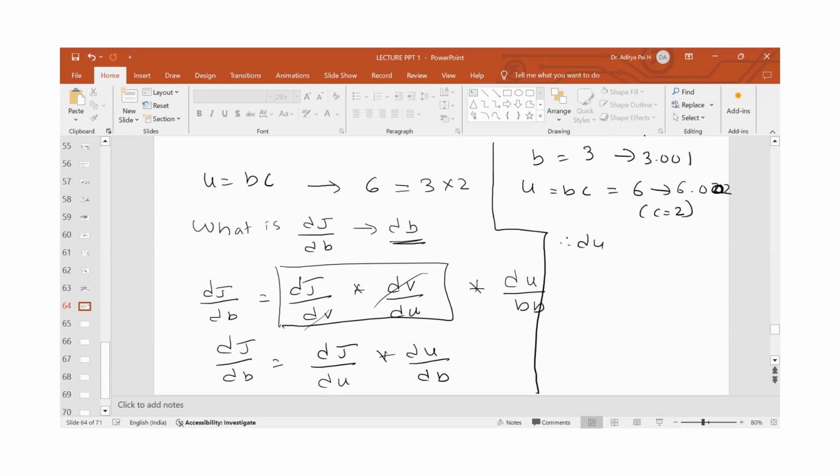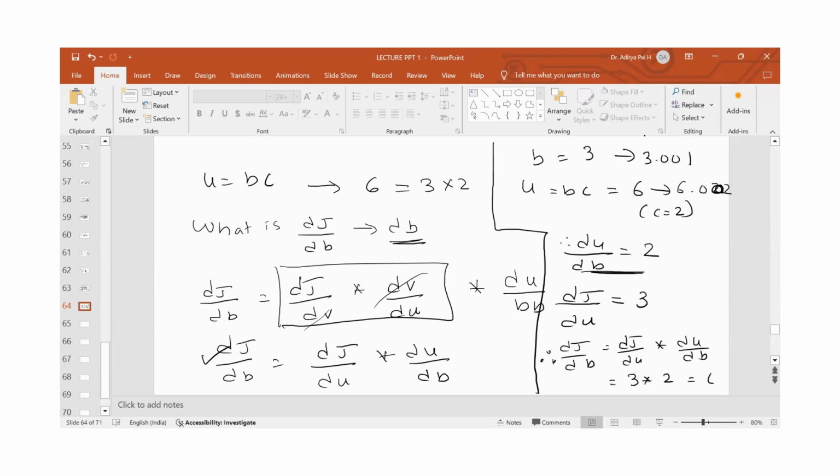Therefore du by db is equal to 2, and dj by du is equal to 3. Therefore dj by db is dj by du into du by db, which is 3 into 2, which is equal to 6.